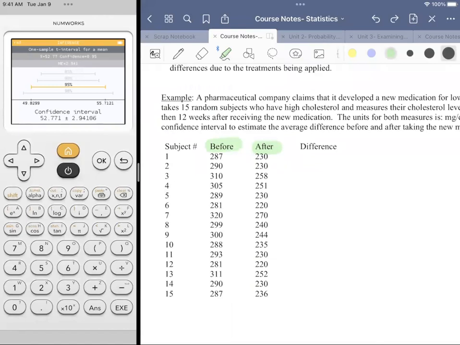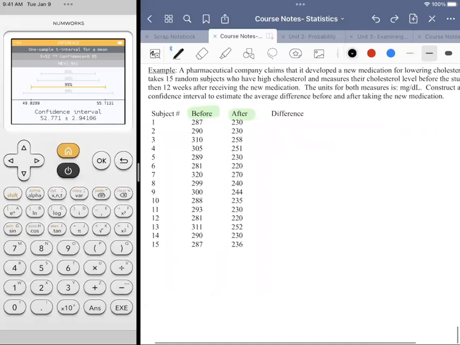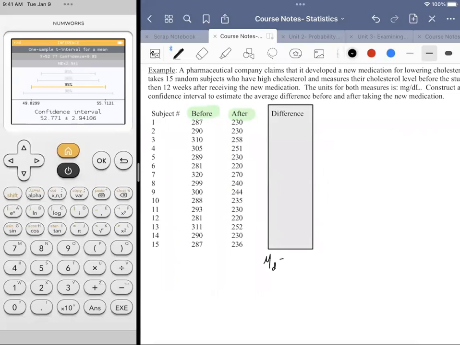Finding the difference between two values should not be the problem, although the calculator will handle that for us. What we need to do is find the mean and standard deviation of the differences. So whatever the difference is, we have to find the mean and standard deviation of that. So I need the mu sub d. Oh, actually, this is a sample, sorry.